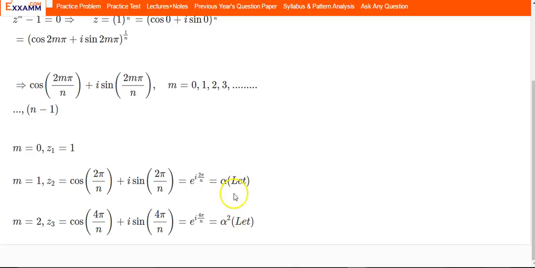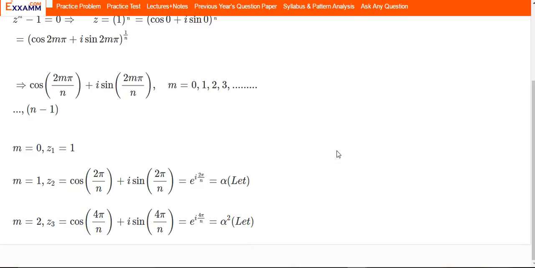I will tell you what alpha is the conjugate of. There has to be a conjugate of alpha among the n roots of unity, but which one it is, that I will tell you later. But it is not the conjugate of alpha square, as we had seen in case of cube roots of unity.